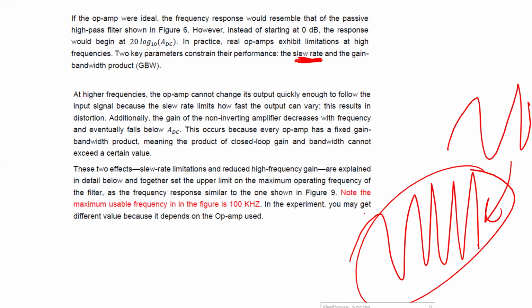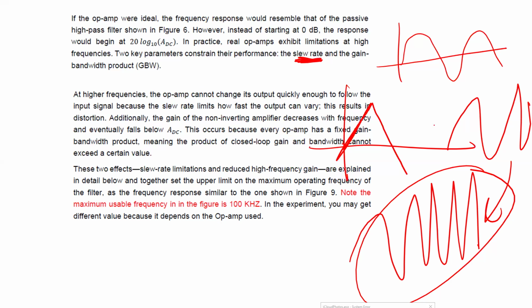And this will cause the signal to be distorted, and this is something you should see in the lab. So in the coming lab, you will see in the very beginning the output is very nice. However, as you increase the input frequency, you will find the output starts to be distorted. Distortion happens. Why? Because the input is changing too fast, and the output is not able to track the input.